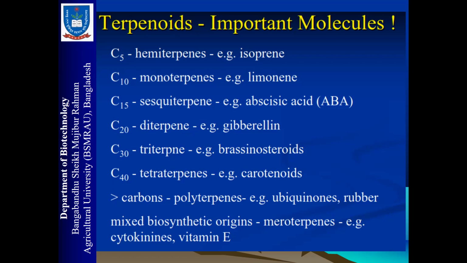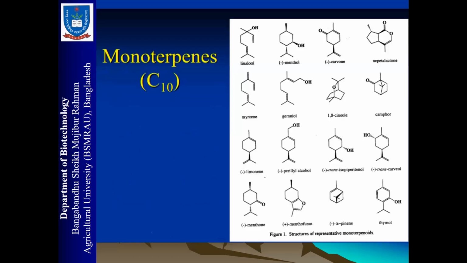Ubiquinones or rubber have mixed biosynthetic origin. There are some meroterpenes also, for example, cytokinin, vitamin A. Their biosynthetic origin is a bit different from the classical terpenoids, a bit mixed. So if you are asked to classify terpenoids, you need to list them with examples up to the meroterpenes. These are some examples of monoterpenes.